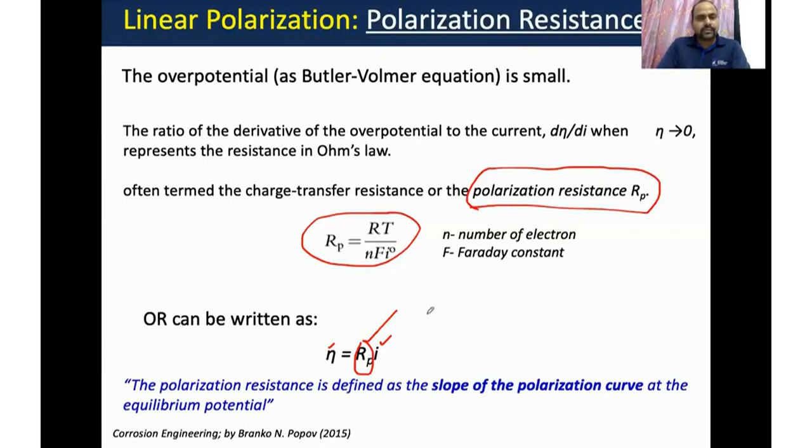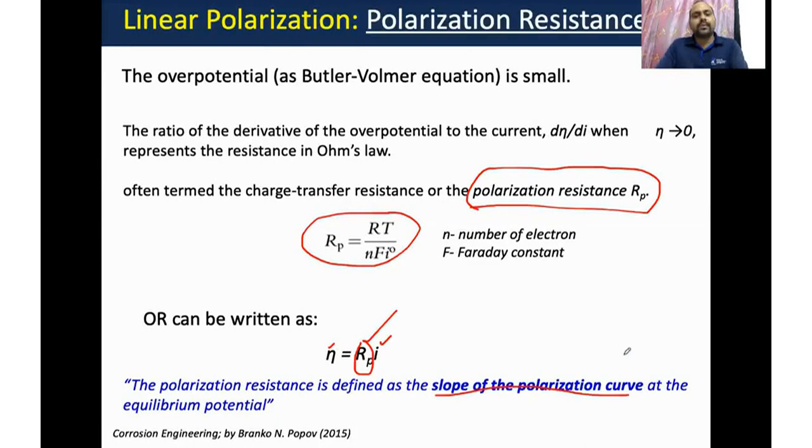Means the corrosion rate will be higher if RP is lower. If RP is high, the polarization resistance is high, then the corrosion rate will be lower. So this is the direct relation they have reported.